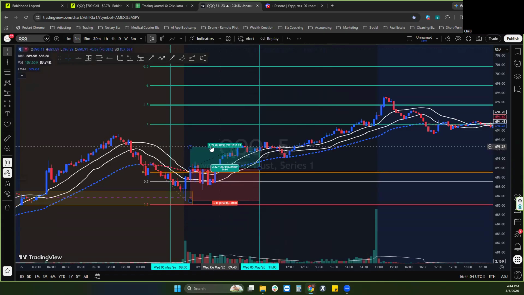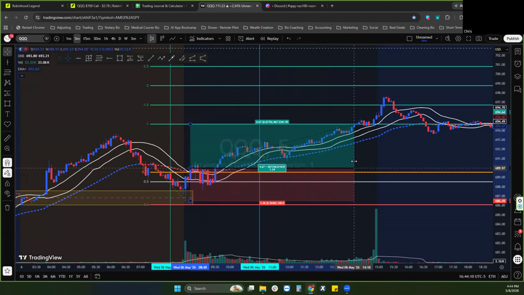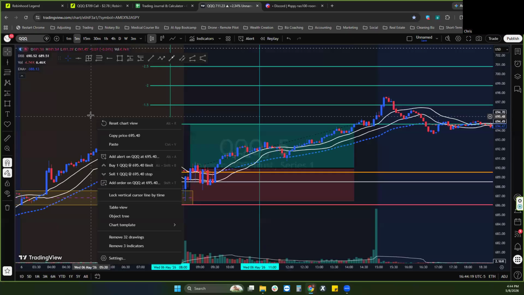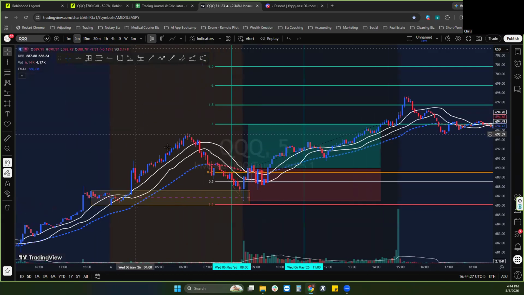Right. So looking at it this way, boom. That's a target right there at 210 if you held on to it. So it could be a scalp intraday or intraday swing, depending on how you trade. But that is the trade.